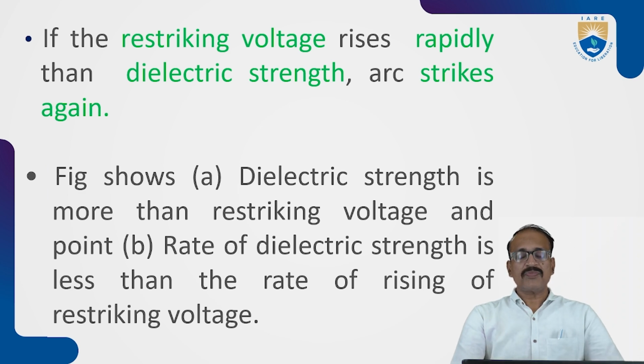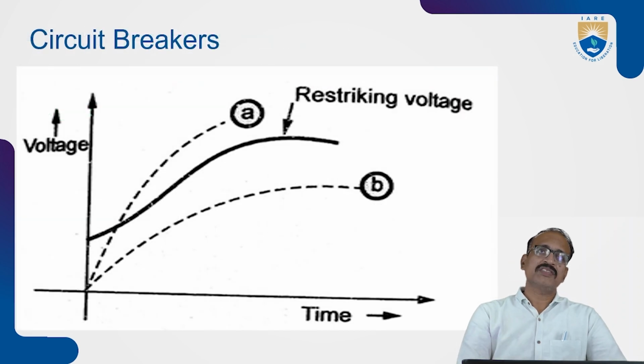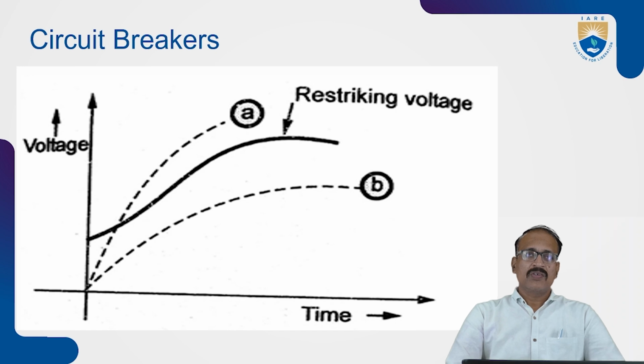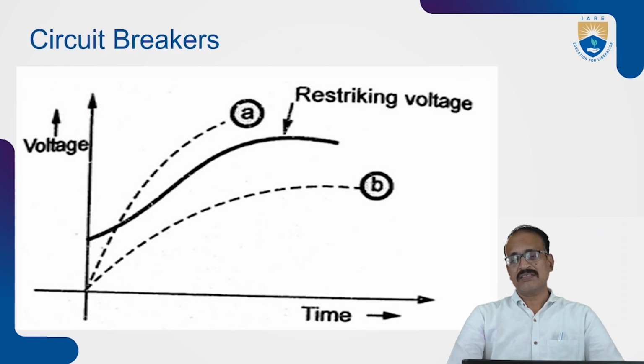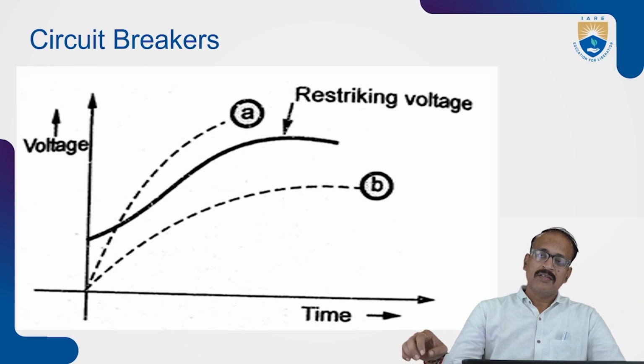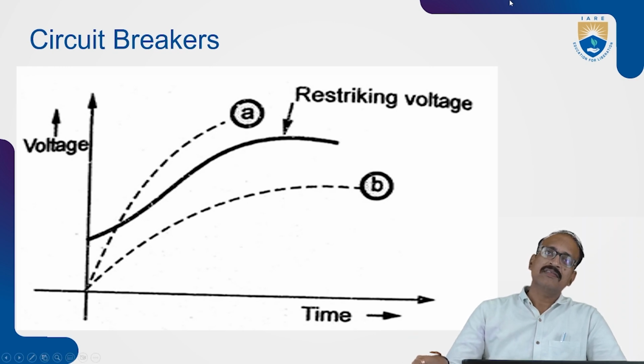So with this diagram it is clear. A is the case where the dielectric strength is more, faster than the restriking voltage.